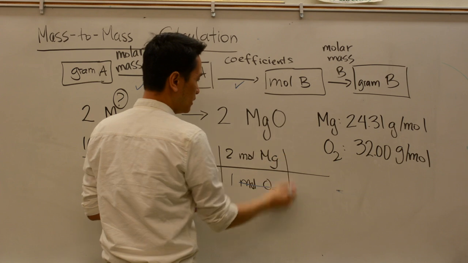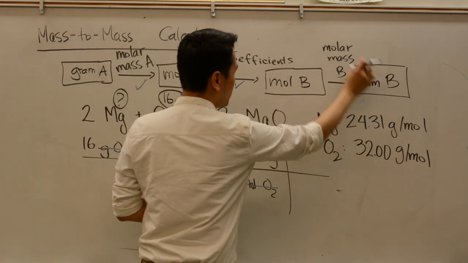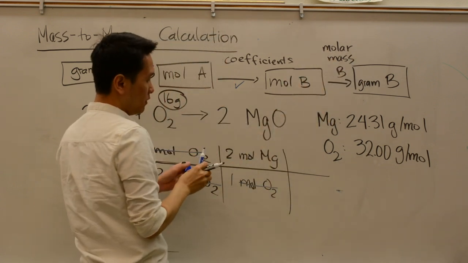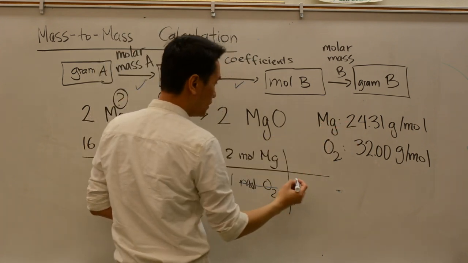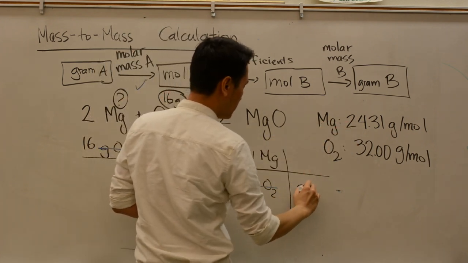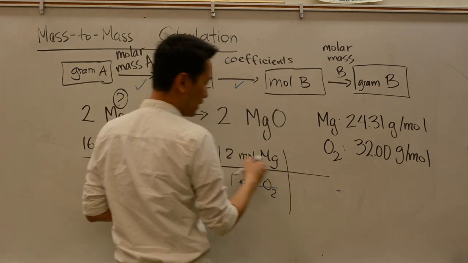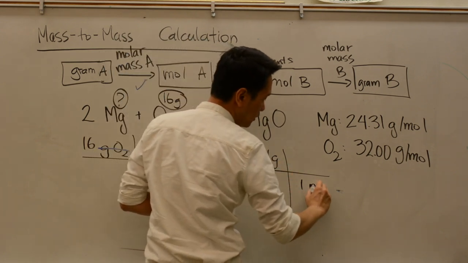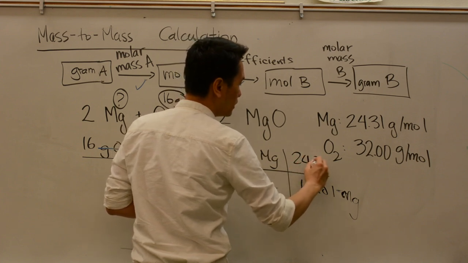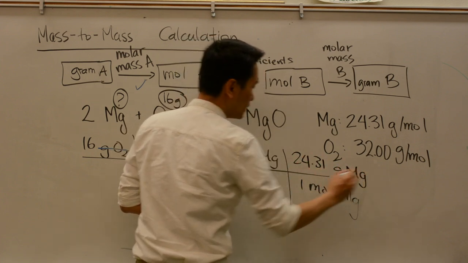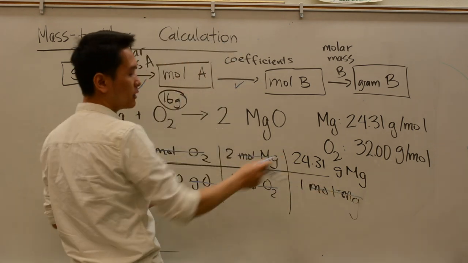Lastly, we need to go to grams of magnesium, so moles of B to grams of B using the molar mass of B, or in this case the molar mass of magnesium, which is 24. Oops, you can't put 24 down there because it can't be counted with a mole, right? 1 mole of magnesium is 24.31 grams of magnesium. Again, moles of magnesium cancel out, giving us grams.